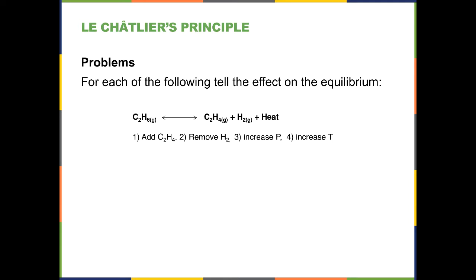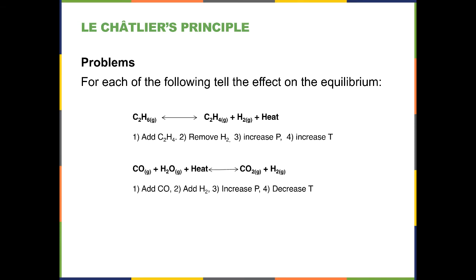If you look at the effect of temperature, it depends on which side of the equation the heat is on, if there is any heat. If there's heat in the reaction, then it should be considered one of the products or one of the reactants. In this case, increasing the temperature increases the heat. It's just the same as adding hydrogen or adding ethene, so it shifts the reaction to the left.